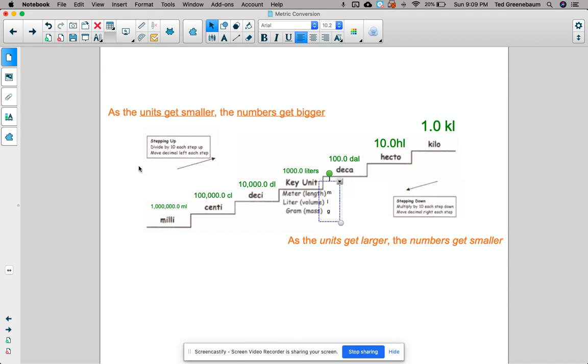Here we can see that. Here's 1 kiloliter.